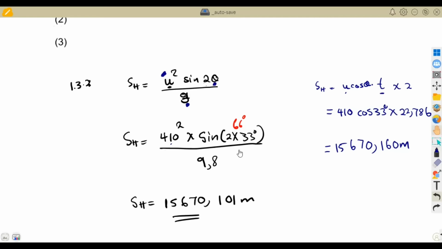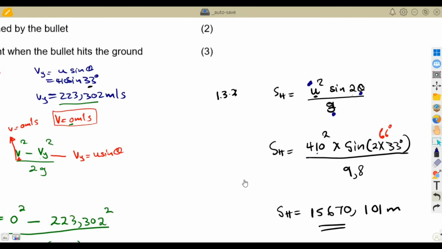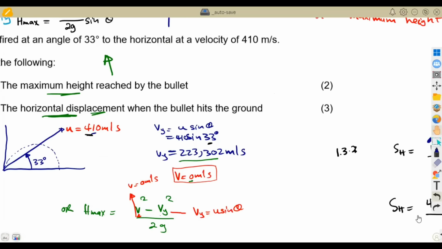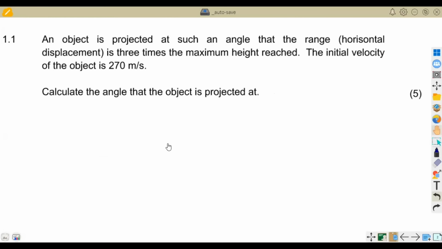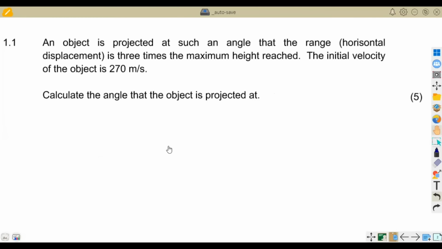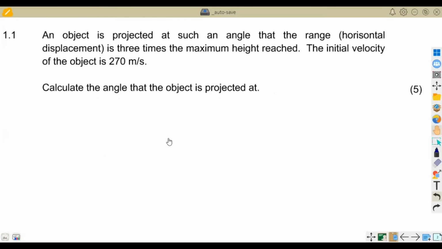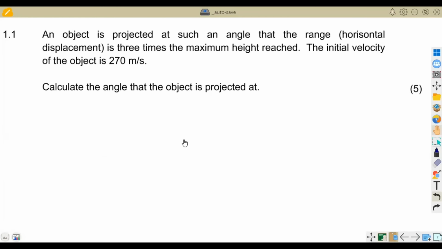Anyways, let us check the other part of our questions and see how they can give us typical questions. This one is at 270.